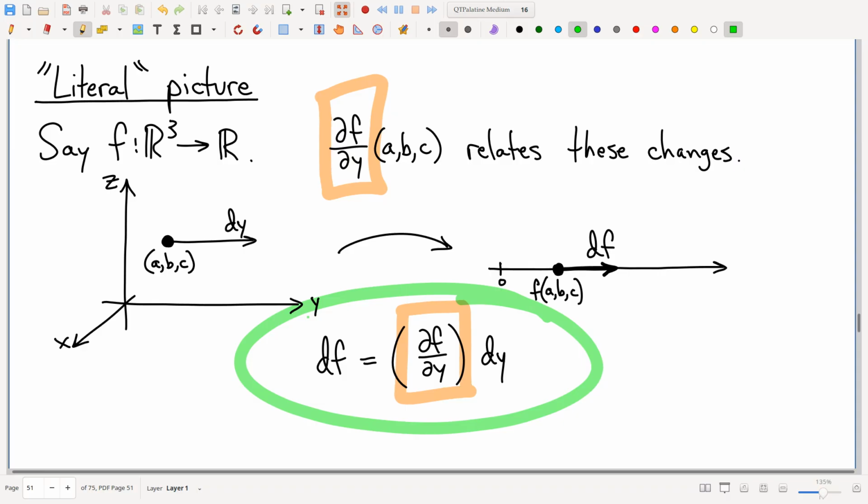So if y is my variable, y is the only thing that's allowed to change. That means x and z are now fixed. X can't change, z can't change.